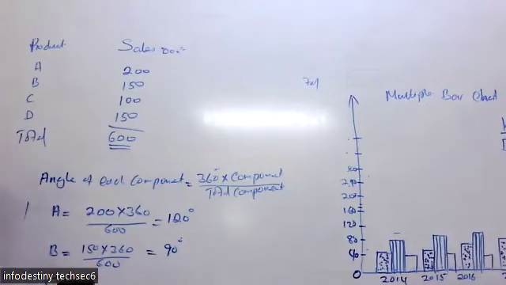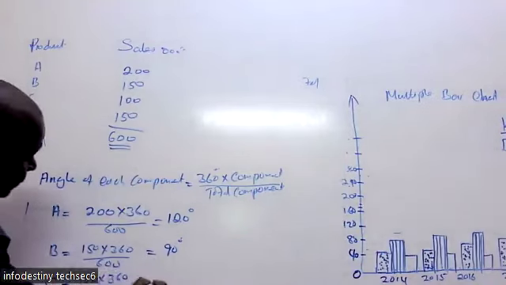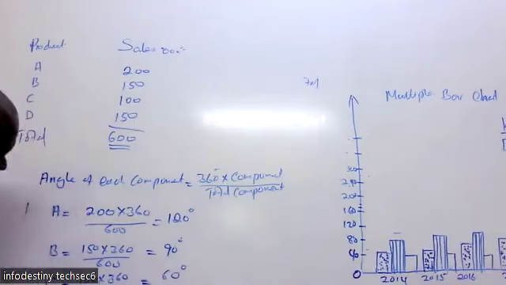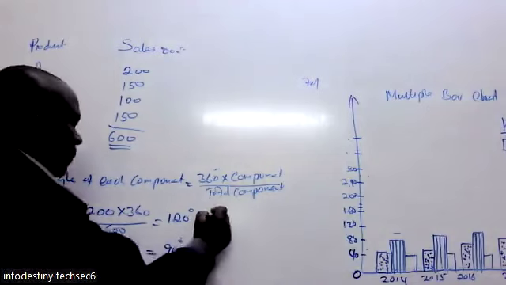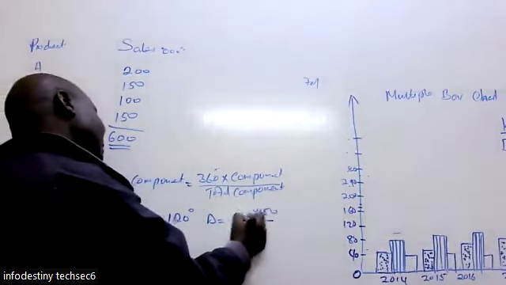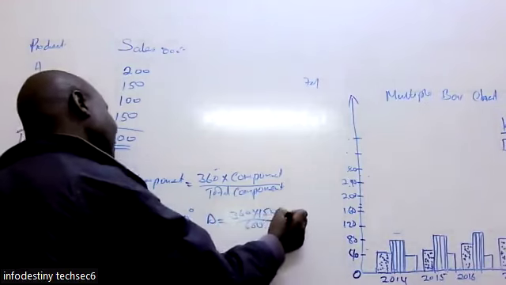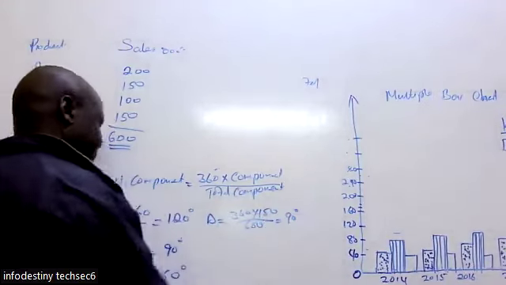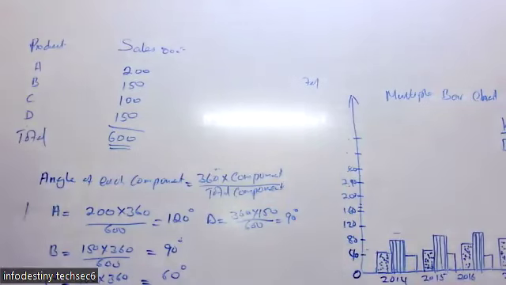C will be equal to 100 times 360 divided by 600. And then D is going to be 360 times 150 divided by 600, which gives us 90. So after getting the angle of each component, then we prepare the pie chart.